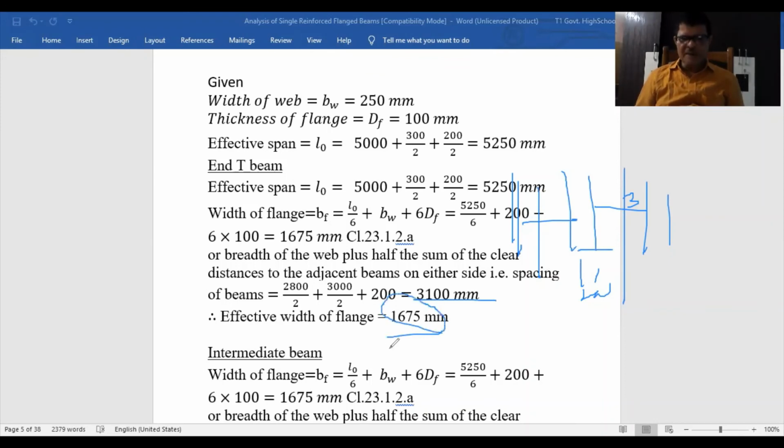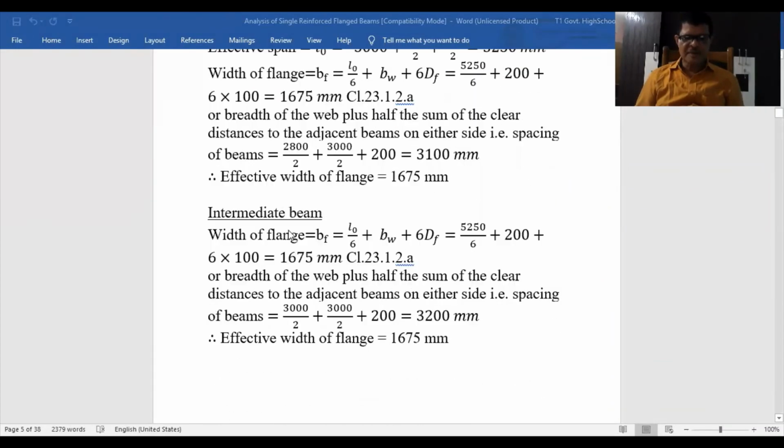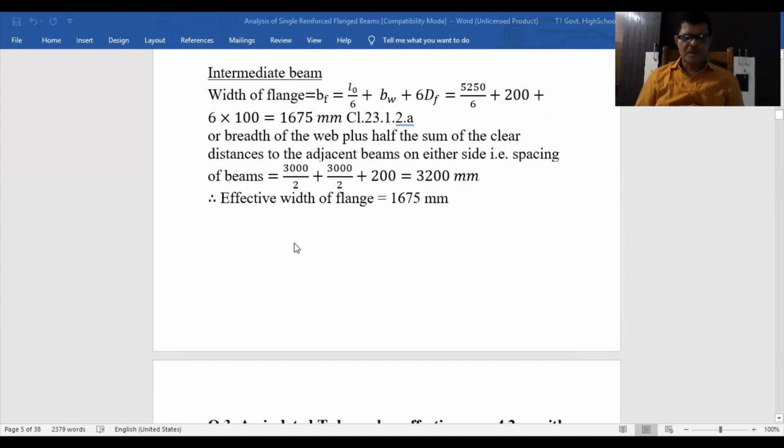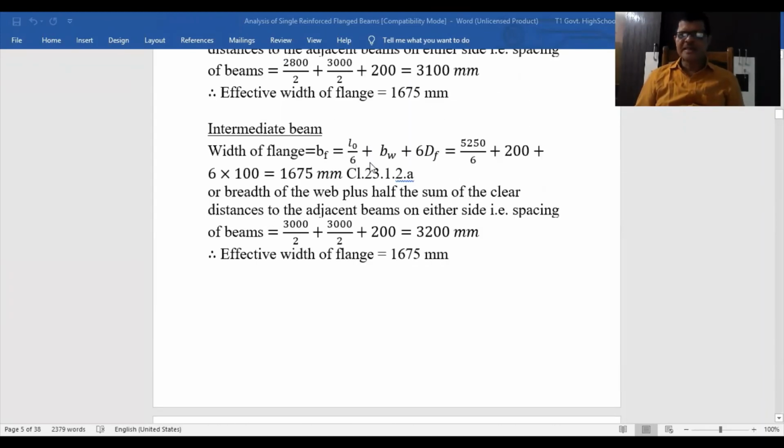But if you come to intermediate beams, then there will be a slight change, because both sides will be 3 meter and 3 meter. This side will be 3 meter and also this side is 3 meter. So the spacing is 3 meter and 3 meter. So depending on that spacing, it will change. Let us see in the intermediate beams what will happen. BF is equal to L0 by 6 plus BW plus 6 DF. So already you have found L0 5250.